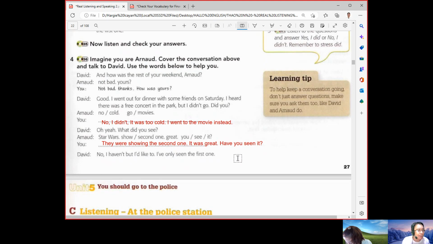Now, can we also use other expressions in here aside from this one? Let's say, for example, good. I went out for dinner with some friends on Saturday. I heard there was a free concert in the park, but I didn't go. Did you?